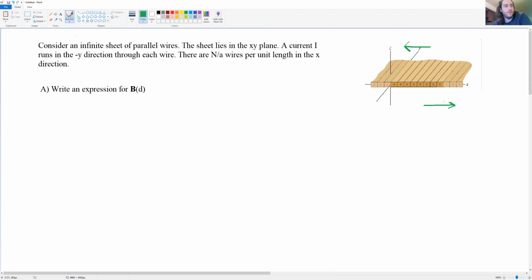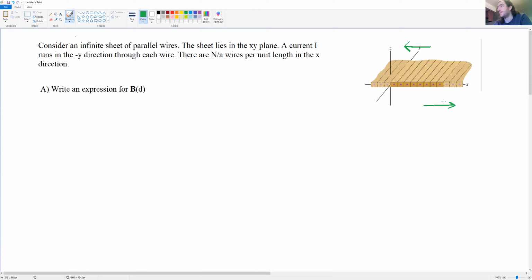Now it's maybe slightly more complicated than that, because obviously we have to prove that all of the other components of the magnetic field would cancel.